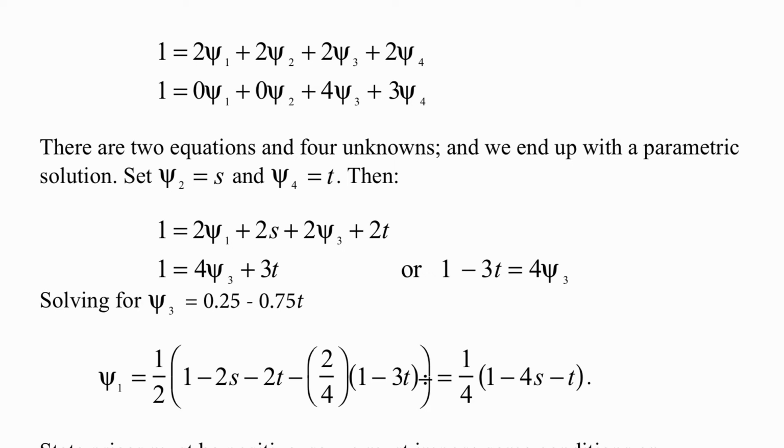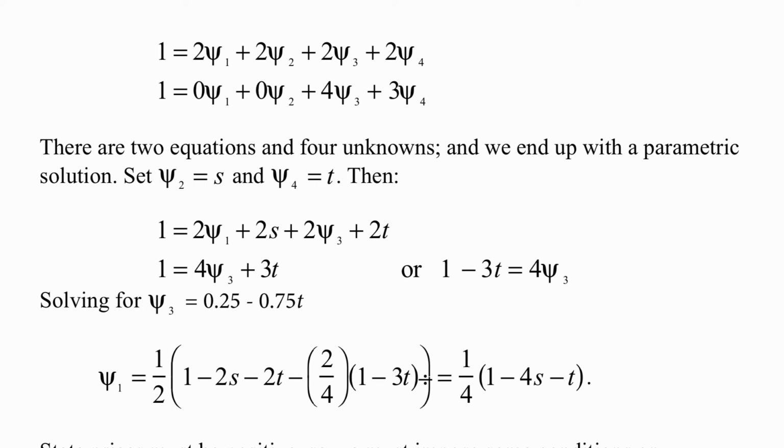Payoff in state 2 is 2, and the price of state 2 is psi 2. Payoff in state 3 is 2, and the price of state 3 is psi 3. Payoff in state 4 is 2, and the price of state 4 is psi 4. And we do the same for the second security. 0, 0, 4, 3 are the payoffs, and the price is psi 1, psi 2, psi 3, psi 4.